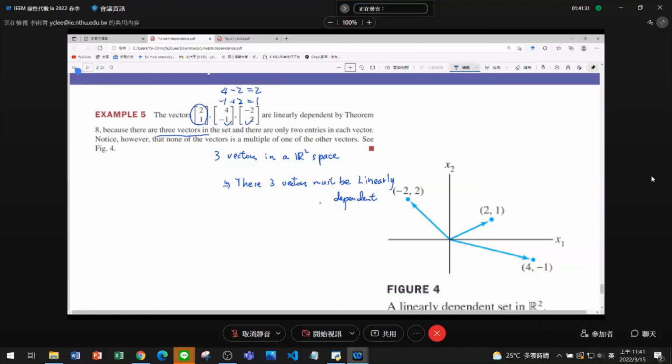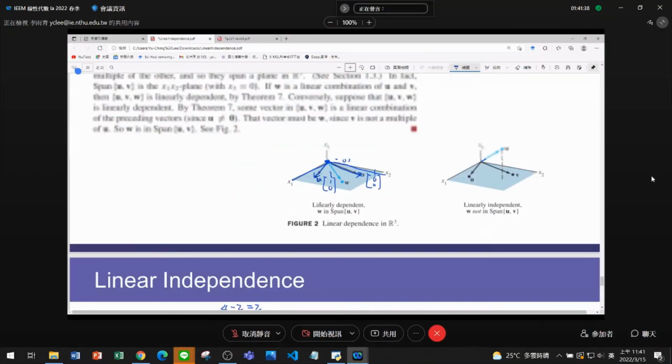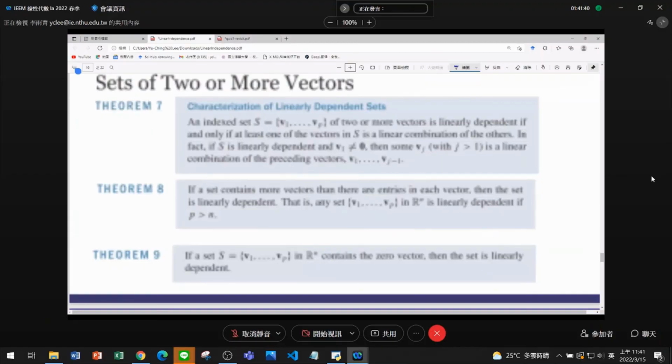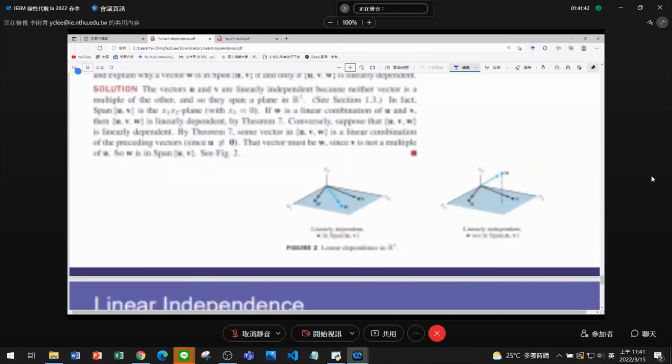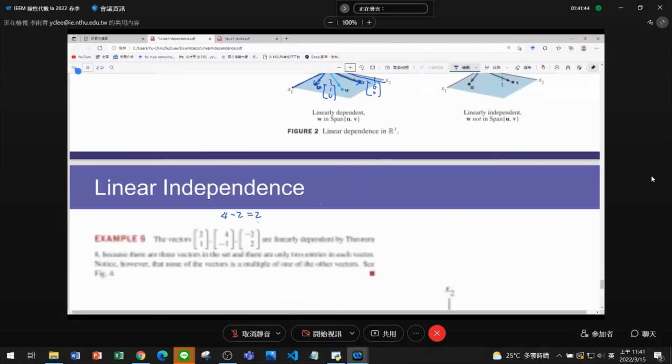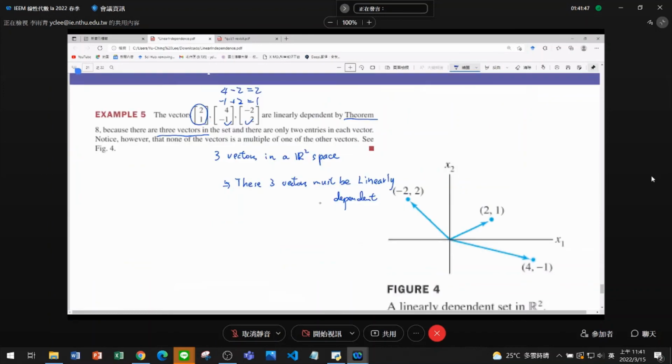So we can directly apply the theorem, theorem 8, to resolve this example. It says by theorem 8.